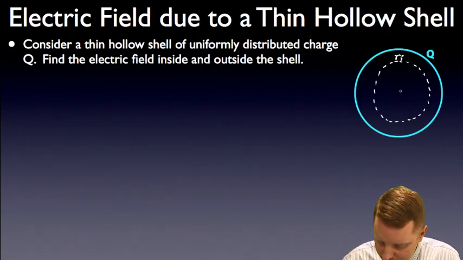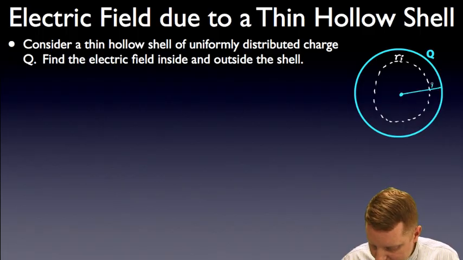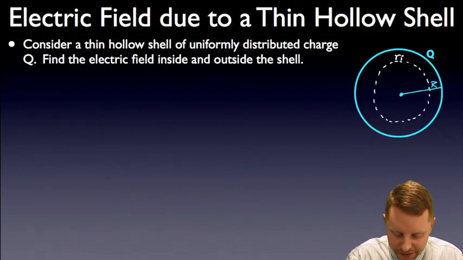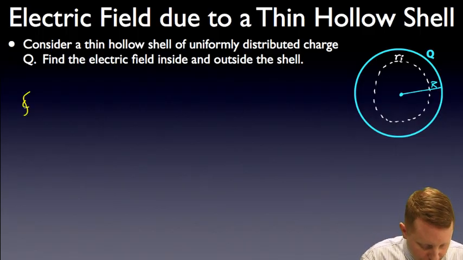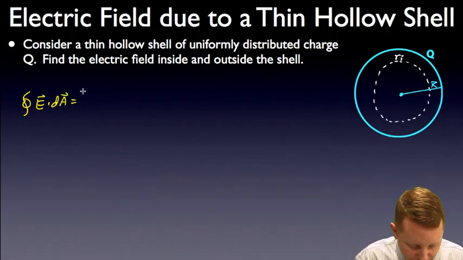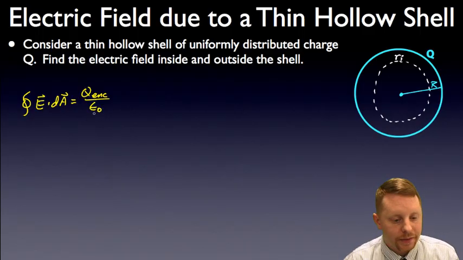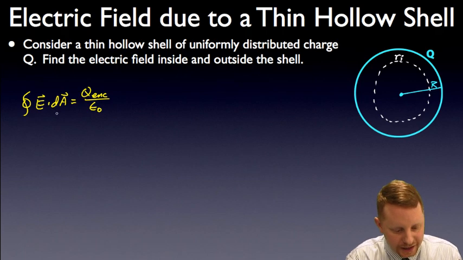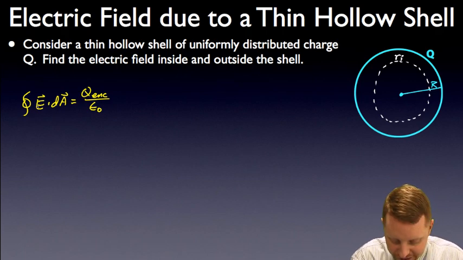If our actual radius to our shell of charge is capital R, we could then say that the integral over the closed surface of E dot dA must be equal to the total charge enclosed divided by epsilon naught. Well, when we look at this then, E is going to be constant.